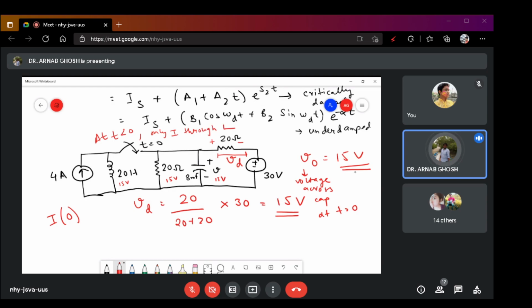So your I0 will also be equal to 4 ampere. This is the current through the inductor. This much clear?